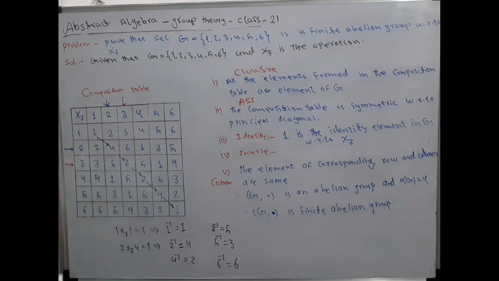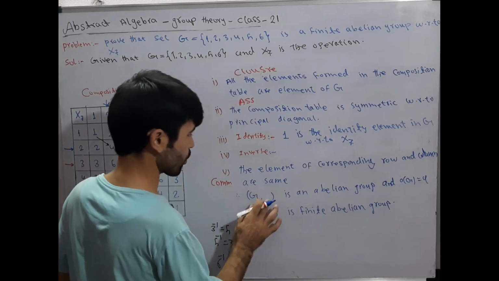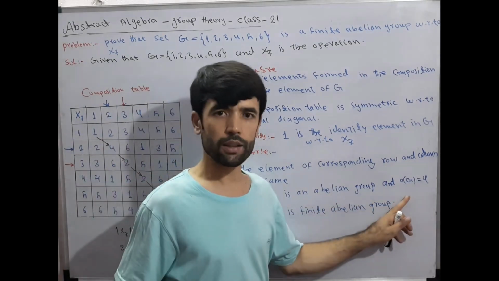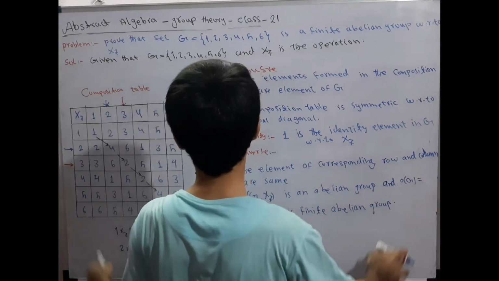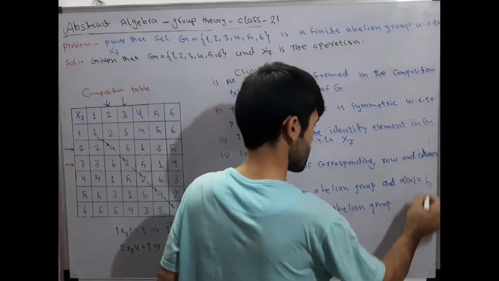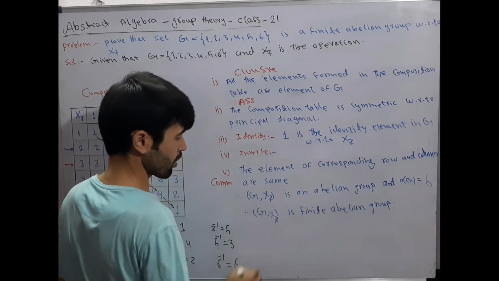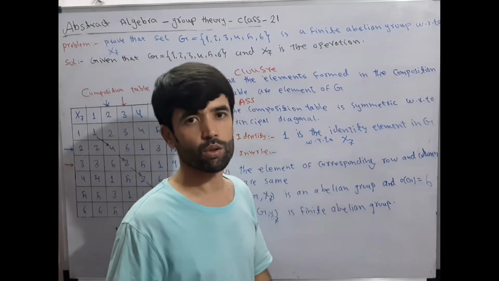They are same. Therefore, G with respect to multiplication modulo 7 is an abelian group, and the order of G equal to how much? 1, 2, 3, 4, 5, 6. Therefore, G with respect to multiplication modulo 7 is a finite abelian group.